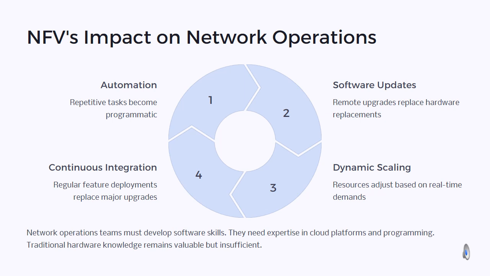Resources are automatically adjusted based on network demand, ensuring optimal performance. Continuous integration. Instead of major network upgrades every few years, NFV enables smaller, more frequent updates for better stability. This shift means that network engineers need to develop software and cloud skills while still maintaining traditional networking knowledge.